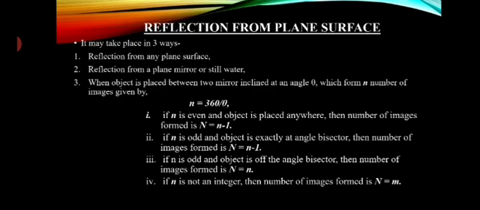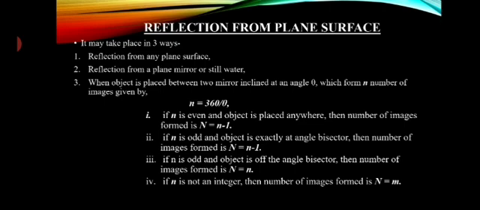For example, it may be 3 point something, 2.22, 3.56, etc. Then the number of images formed is capital N equal to m, where m is the nearest integral value.